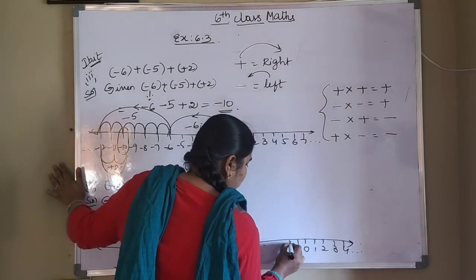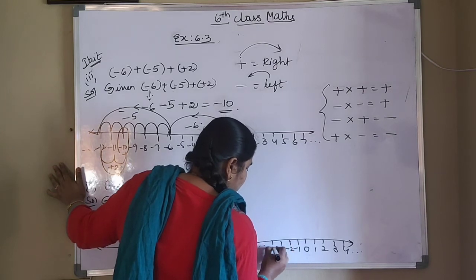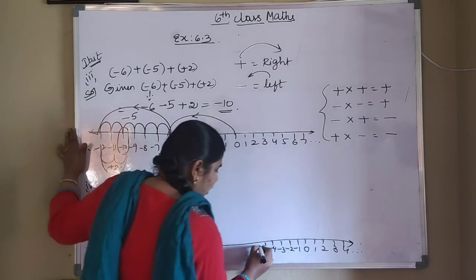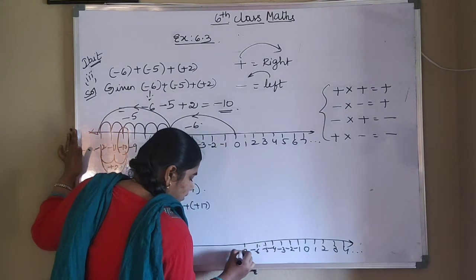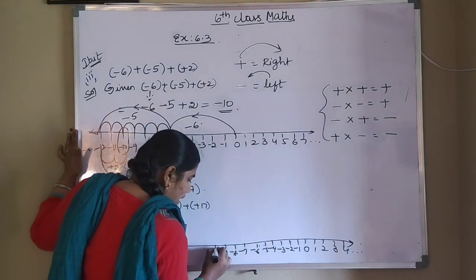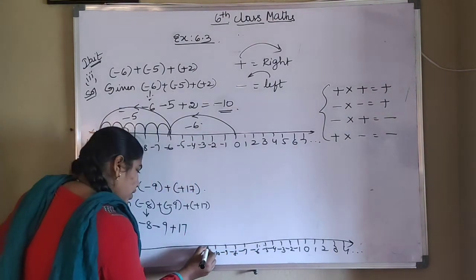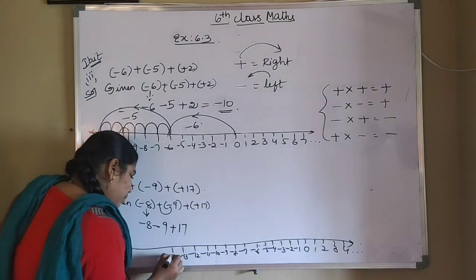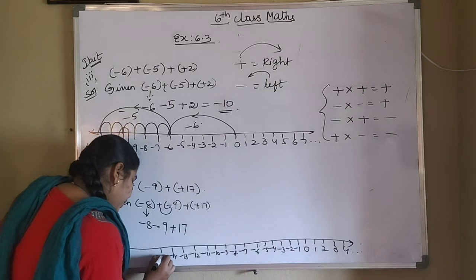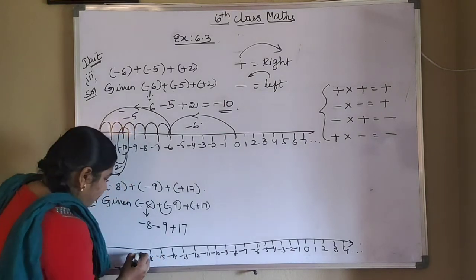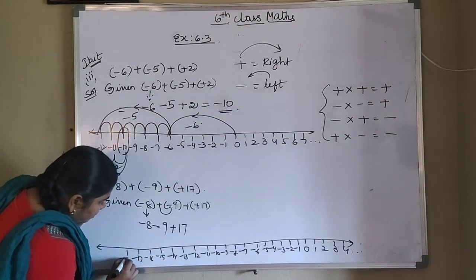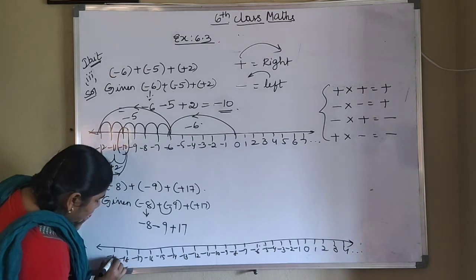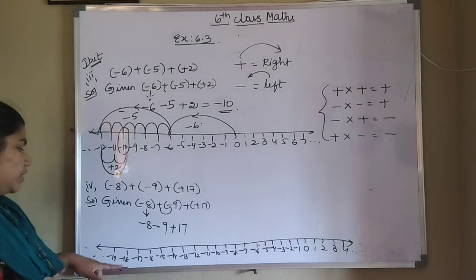Minus 1, minus 2, minus 3, minus 4, minus 5, minus 6, minus 7, minus 8, minus 9, minus 10, minus 11, minus 12, minus 13, minus 14, minus 15, minus 16, minus 17, minus 18, minus 19 and so on.